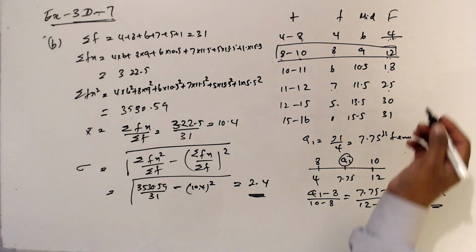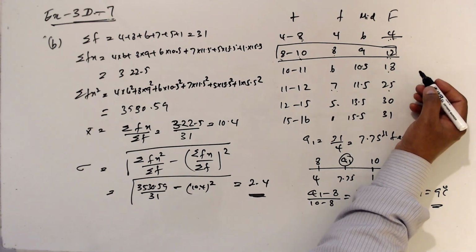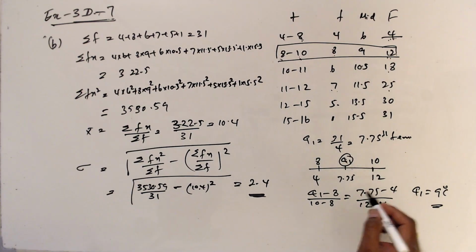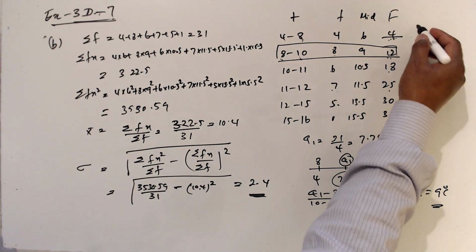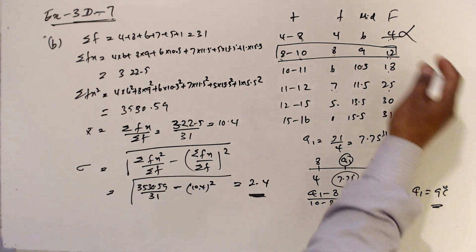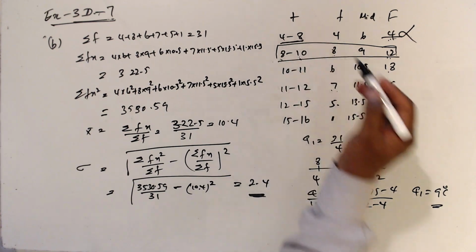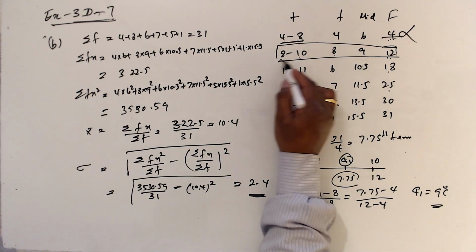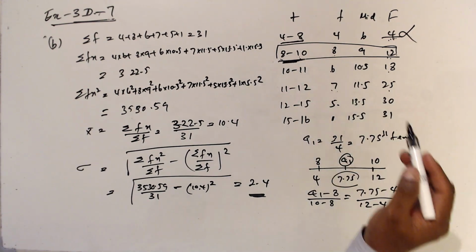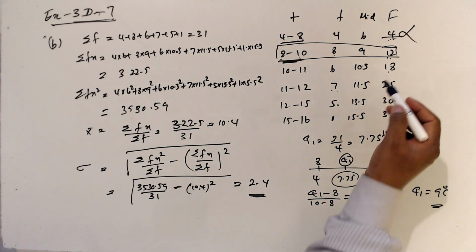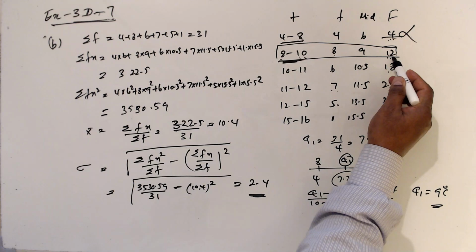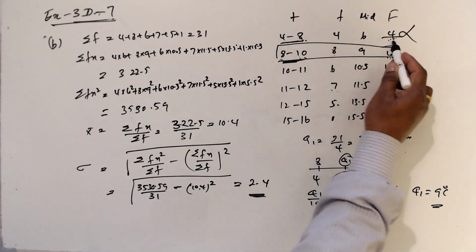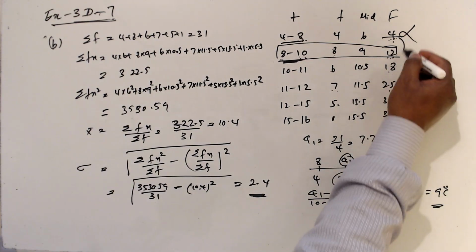Just to clarify again, we need the 7.75th term. Up to here it is 4. That term is not in this one, 4 to 8. The term is in this class interval, 8 to 10. So we can find easily that the 10 boundary is 12 and the 8 boundary is 4.